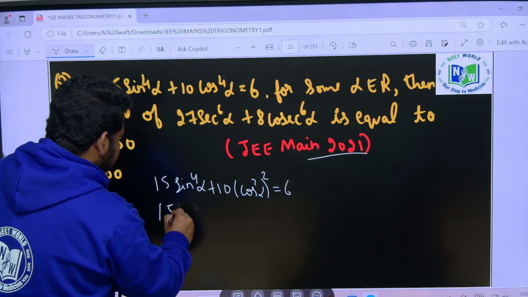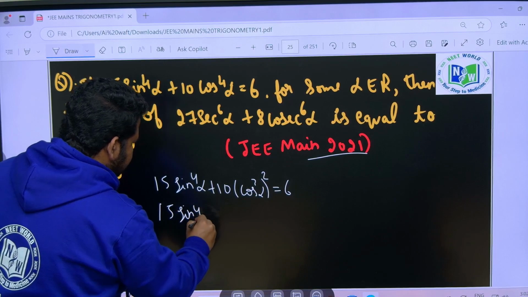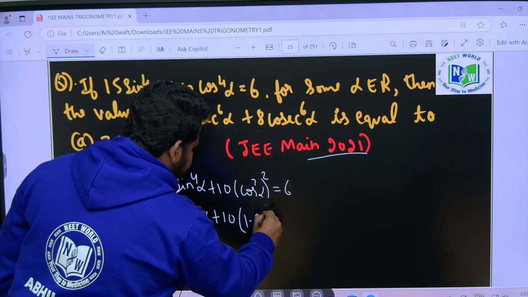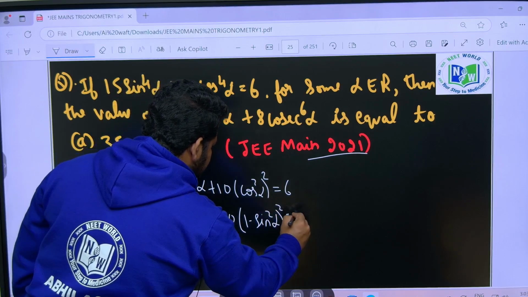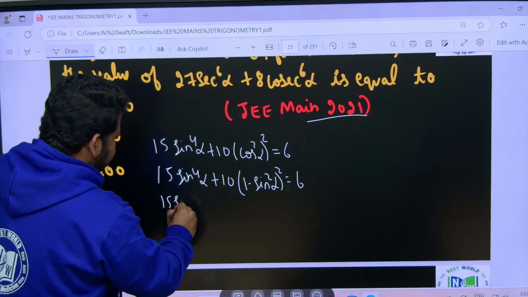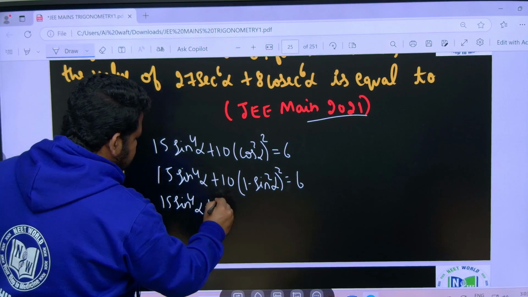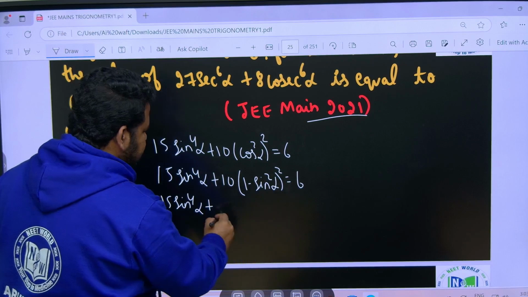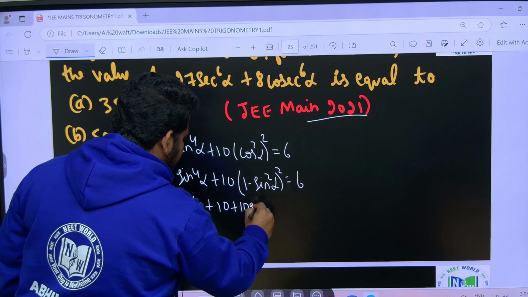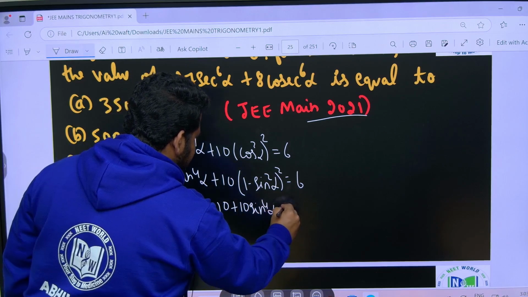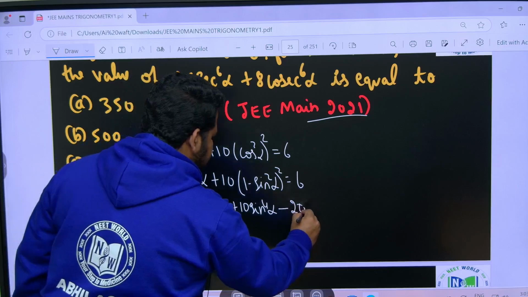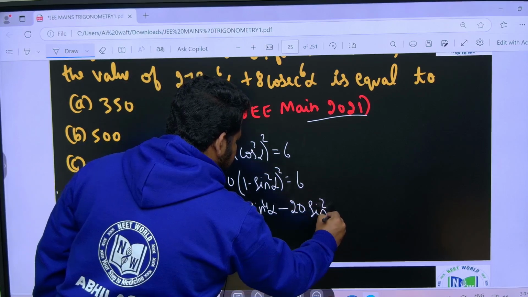So 15 sin power 4 alpha plus 10 times cos square alpha, which I can write as 1 minus sin square alpha, to the power 2, minus 6. So this will be equal to 15 sin power 4 alpha plus, using a square plus b square minus 2ab, 10 plus 10 sin power 4 alpha minus 20 sin square alpha, is equal to 6.